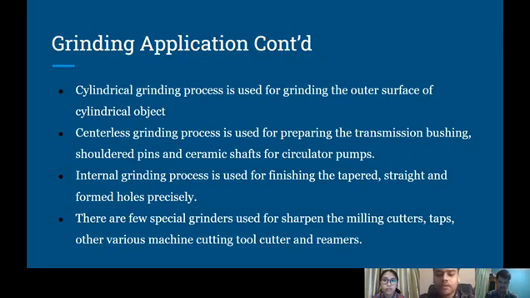The internal grinding process is used for finishing tapered, straight, and formed holes precisely. And then there are grinders used for sharpening milling cutters, taps, reamers, and other various machine cutting tools. Next, please.